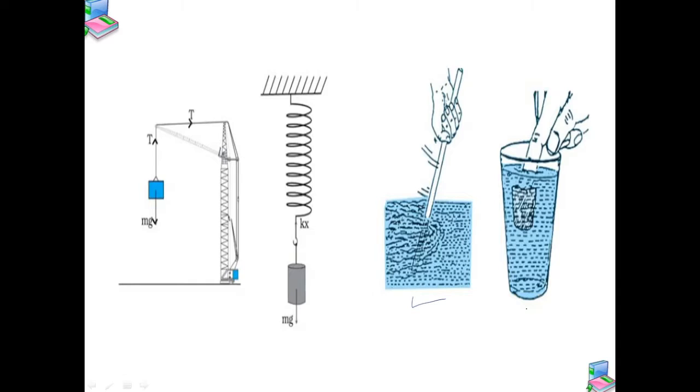And two other common forces are tension in a string and the force due to a spring. When a spring is compressed or extended by an external force, a restoring force is generated. As soon as you take out your finger from that spring, again it will come back to its original shape, isn't it?